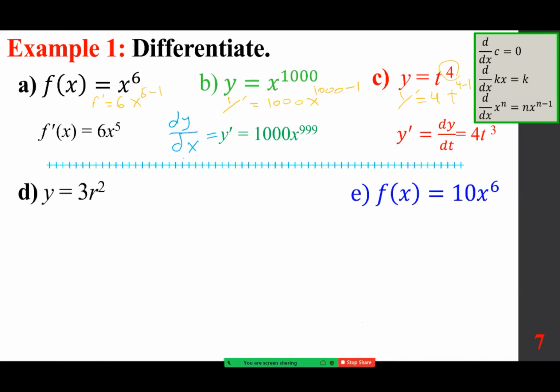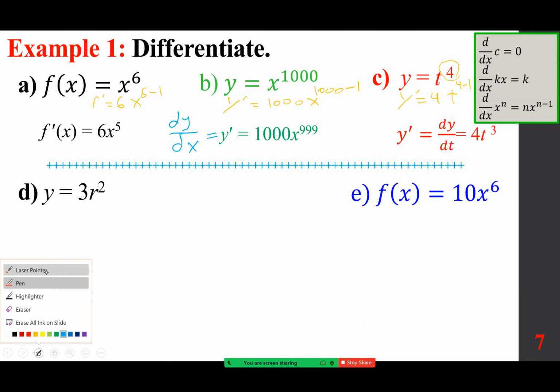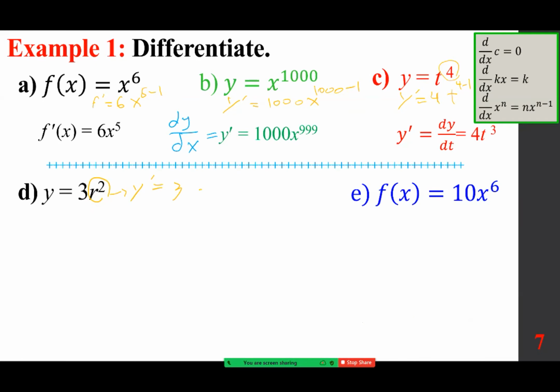All right, let's look at this one. Part D, what do you think the answer is here? It's r. Perfect. So we keep the coefficient as it is, and then r squared becomes 2r. And again, notice we use dy/dr to emphasize that the independent variable is r. This is in Leibniz's notation.